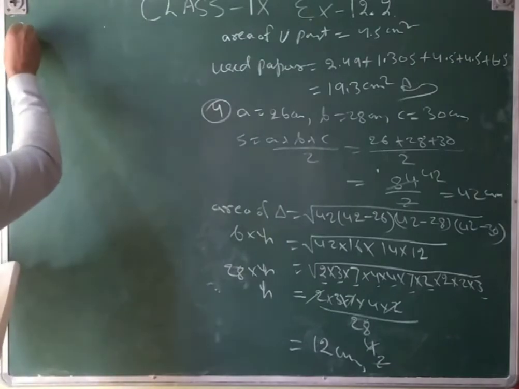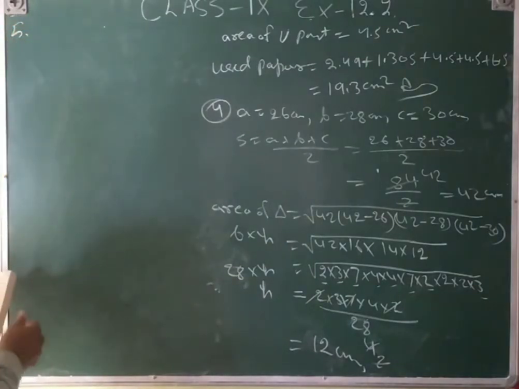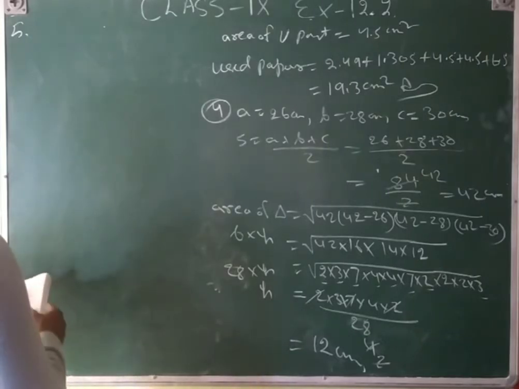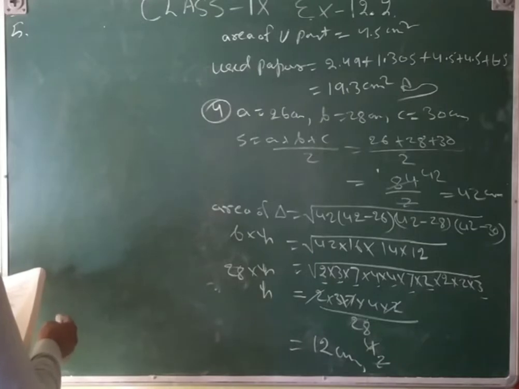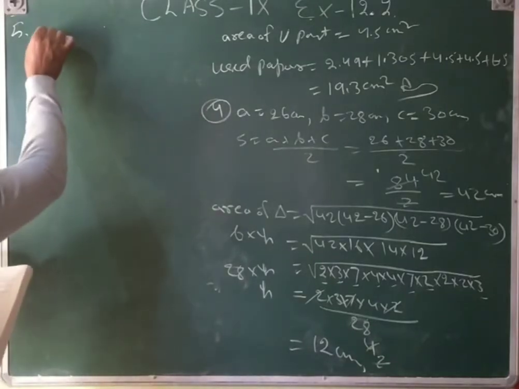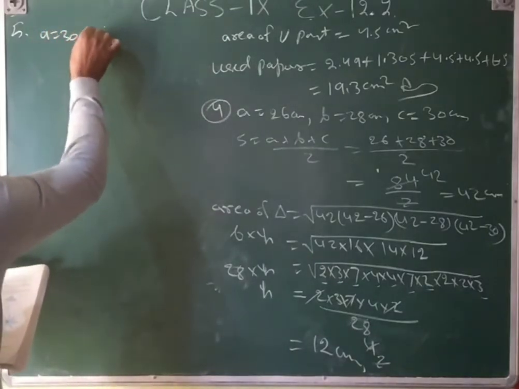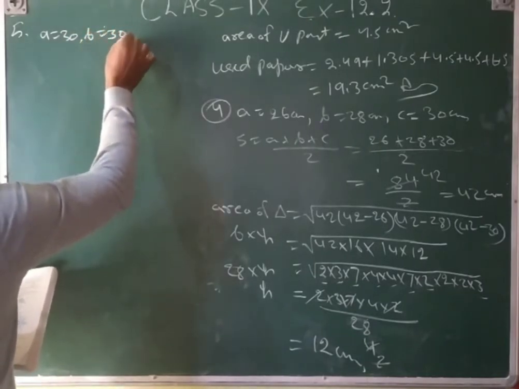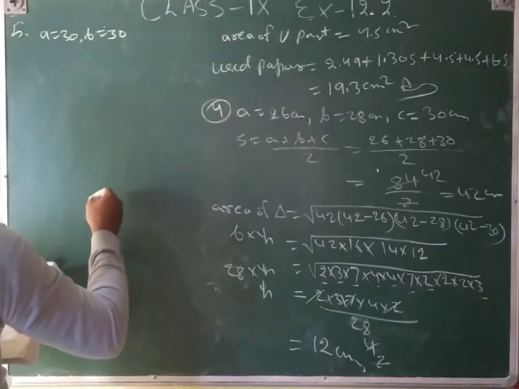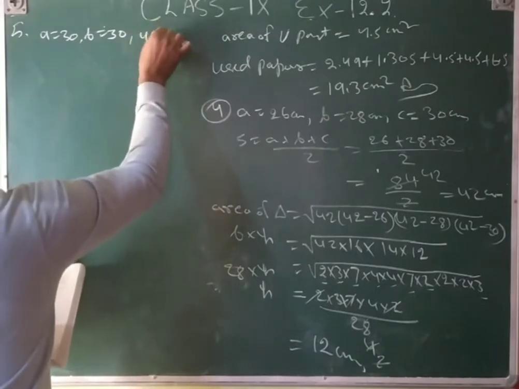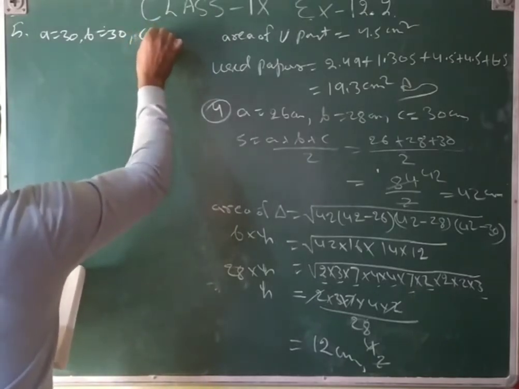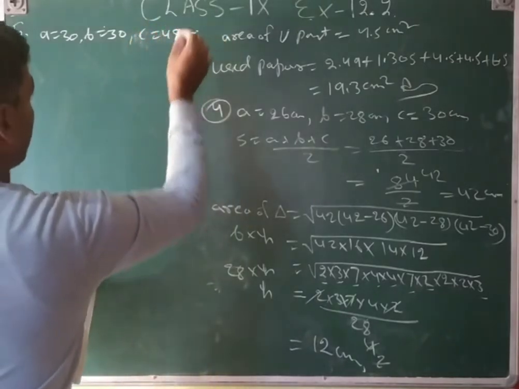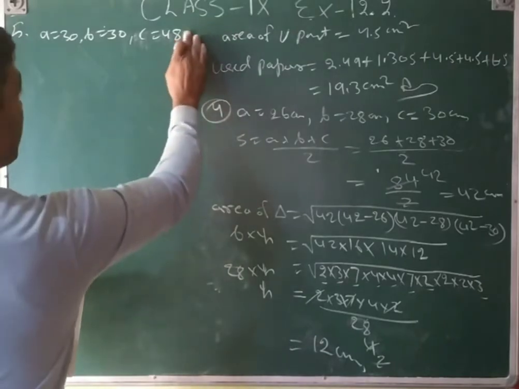Question 5. A rhombus-shaped field has green grass for 18 cows to graze. Each side of the rhombus is 30, so A is equal to 30 and B is also 30, and the diagonal is 48, so C is 48 meter.